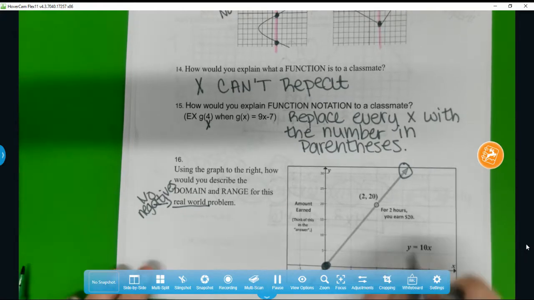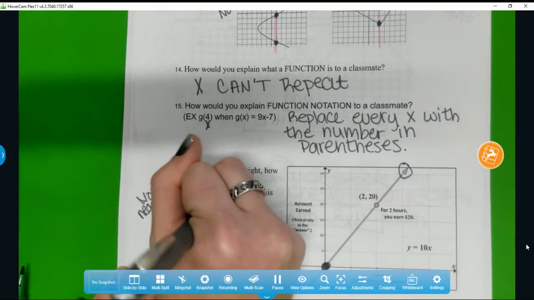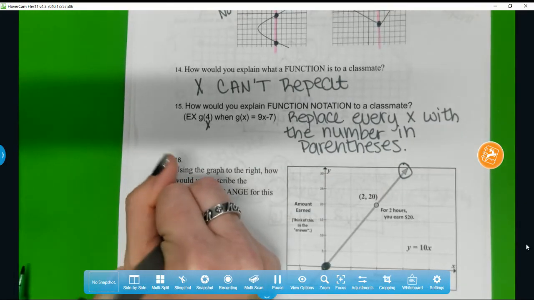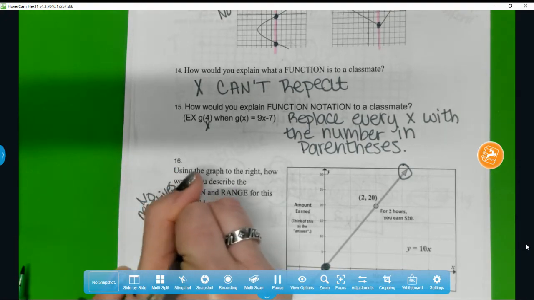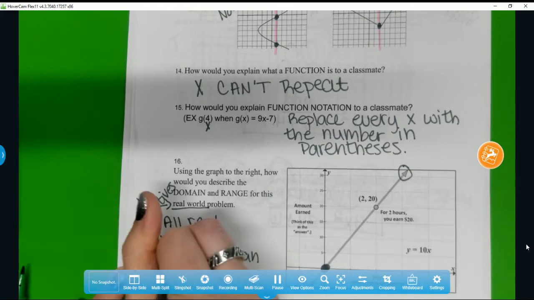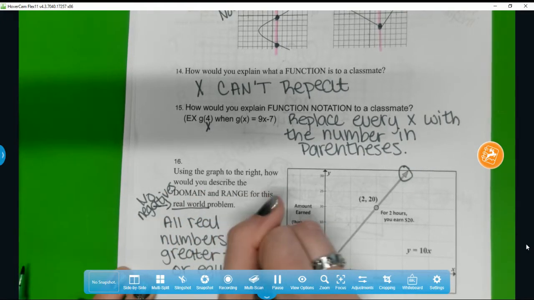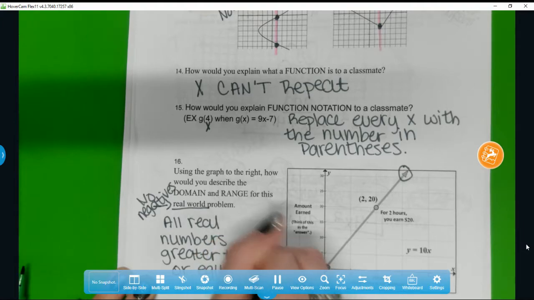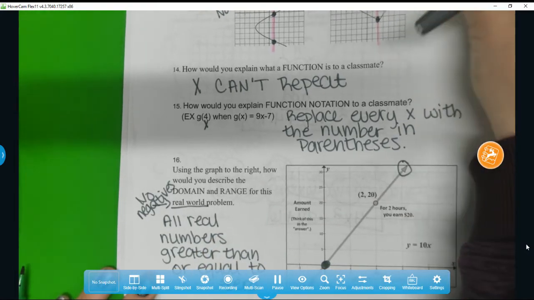Okay, so we would say this is all real numbers greater than or equal to 0. And that would apply for the domain and the range since it starts at 0, 0.